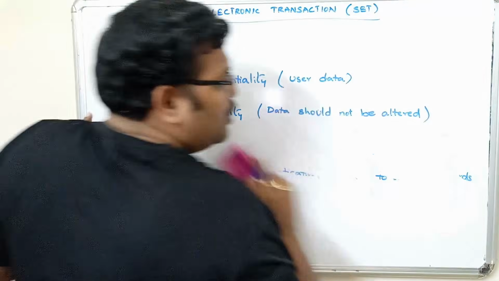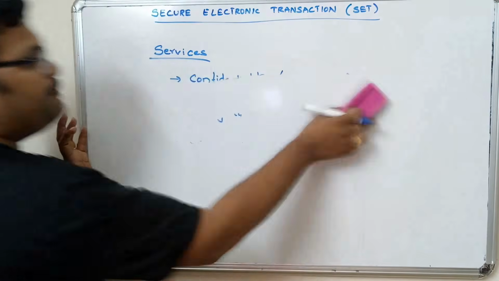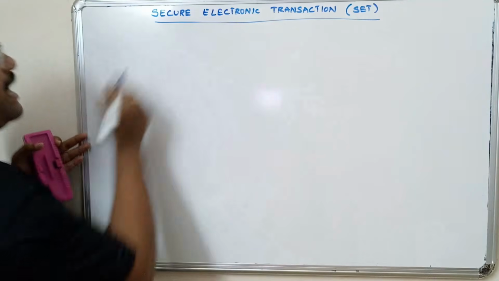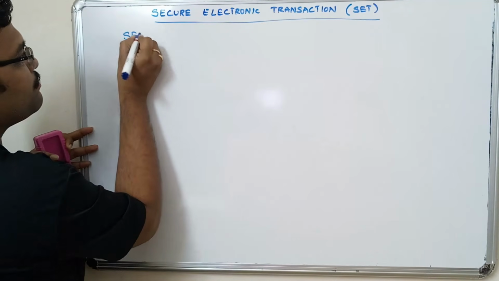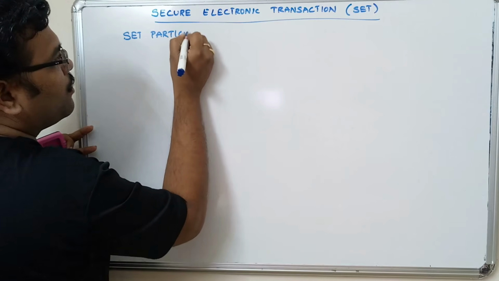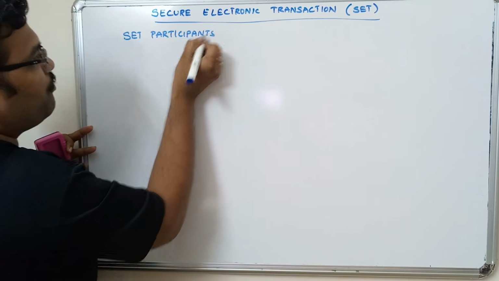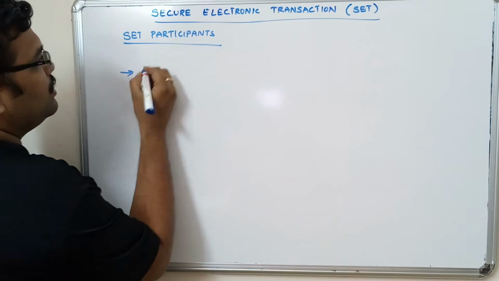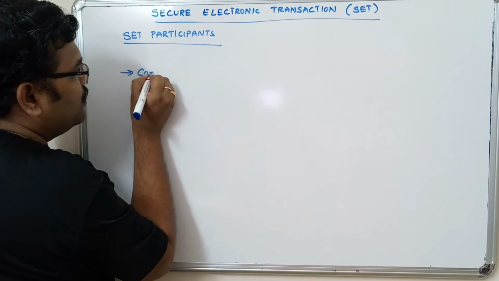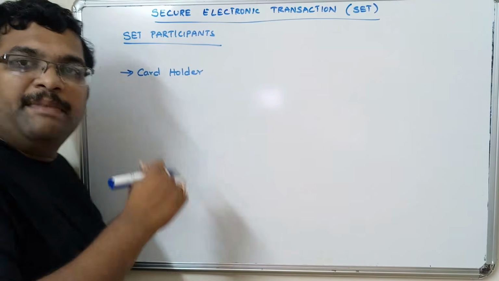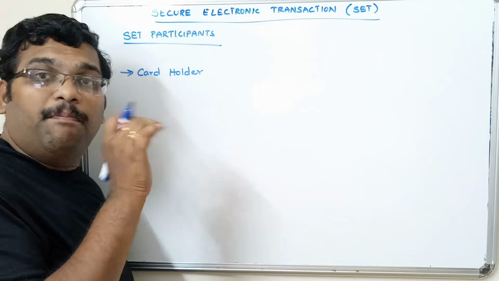Now, who are the participants in order to implement this secure electronic transaction? SET participants. The first one is the card holder, that means the user who will buy the product.